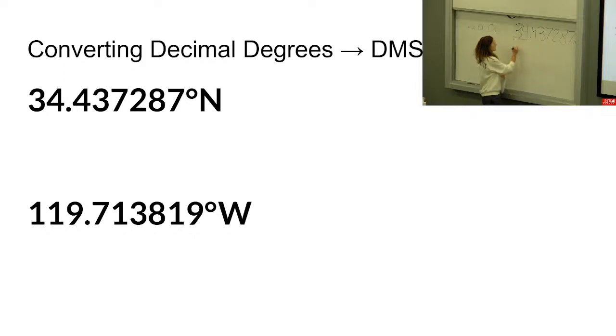So I'm going to take this out and do 0.437287. And remember what we're doing here, we're multiplying, because we're trying to turn a decimal into a larger number. And how you do that is you multiply. Remember 60 is the magic number here, because there's 60 minutes in a degree, there's 60 seconds in 1 minute, it's the magic number.